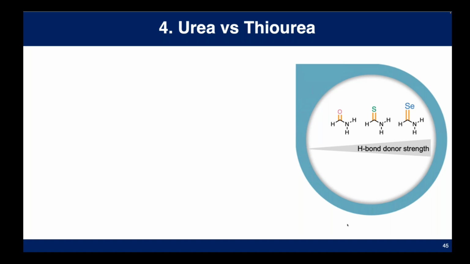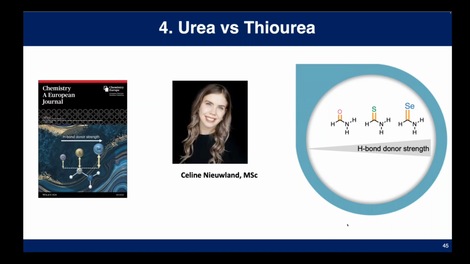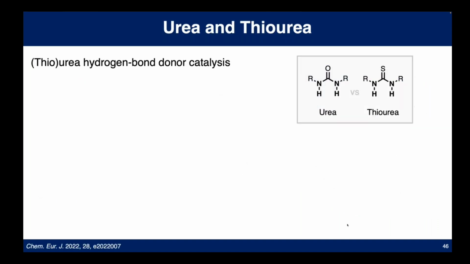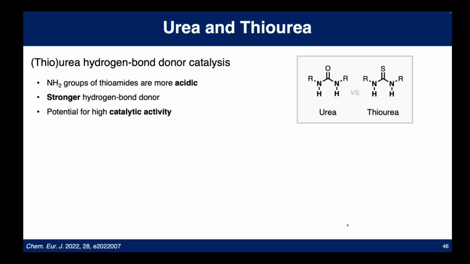So urea versus thiourea. And this work was done by Celine Nieuwland, published in Chemistry. And what we wanted to understand is about thiourea hydrogen-bonded systems. These thioureas are used in organic catalysis because they have stronger hydrogen bonds.